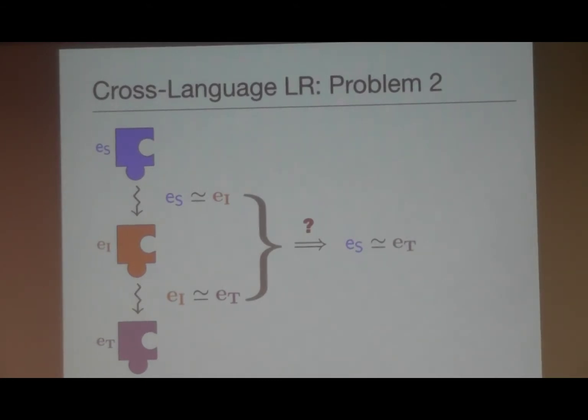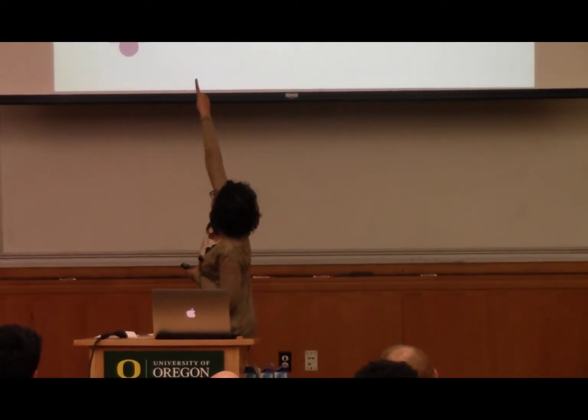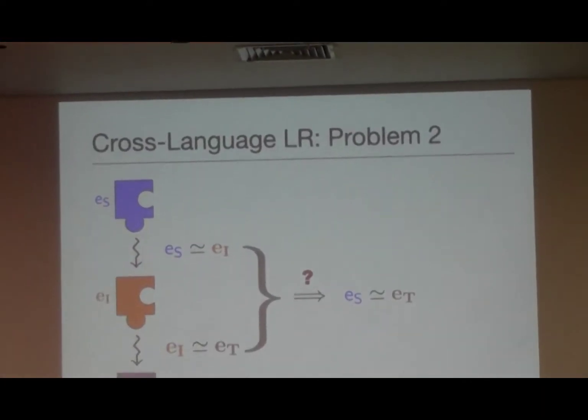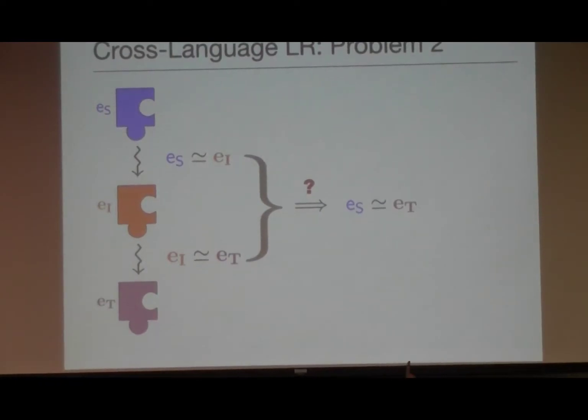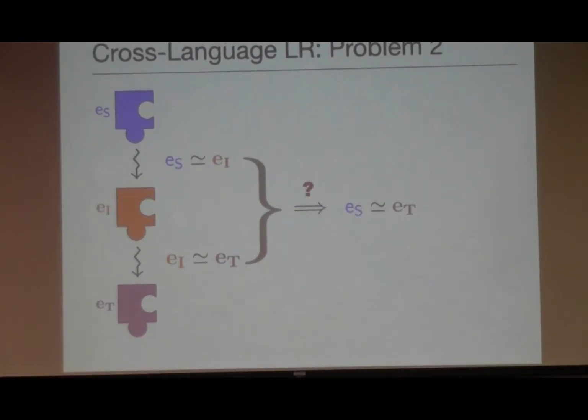But then what I'd like at the end of the day is an end-to-end compiler correctness theorem, right? So at the end of the day, I want to show that my first ES, which went through two stages of compilation and got compiled down to ET, is in fact logically related to ET. So the question becomes, can we show this sort of transitivity property that justifies building verified multipass compilers by focusing on one pass at a time, right?